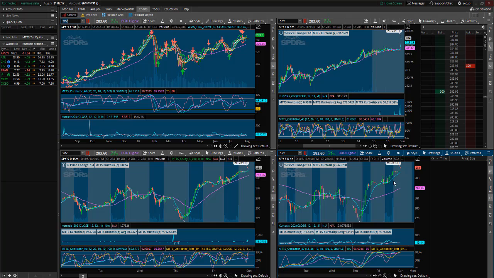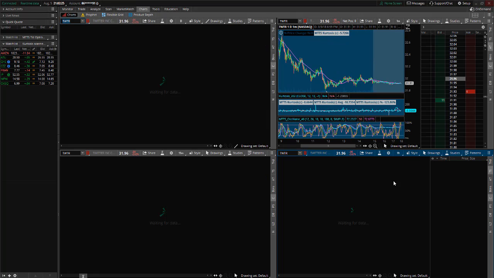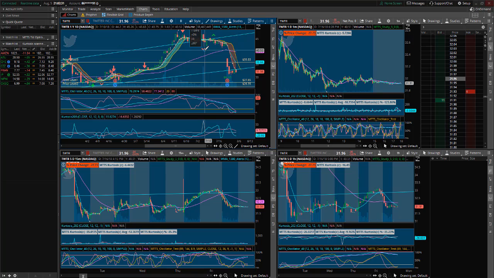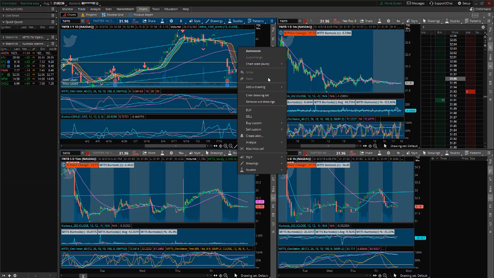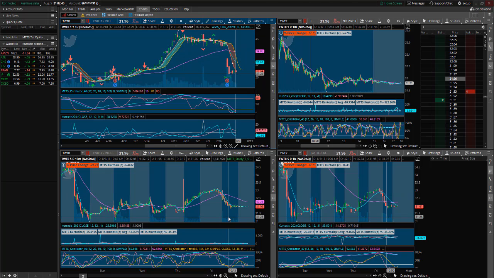Also, another stock that I wanted to touch base on was Twitter. This baby right here. Let me clear out all the drawings. Clear drawings. Yes, and so that way we have a nice canvas right here.